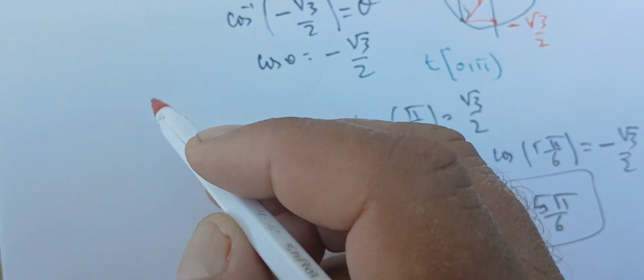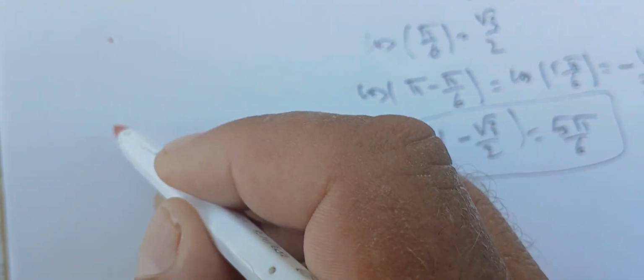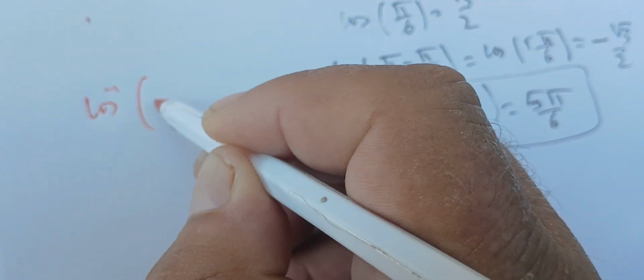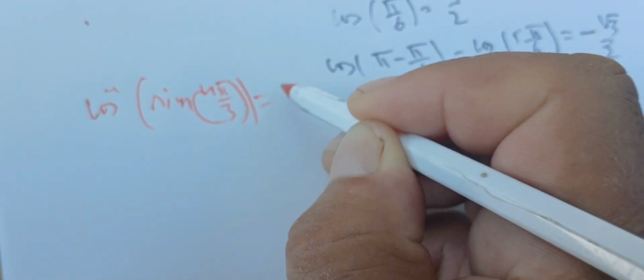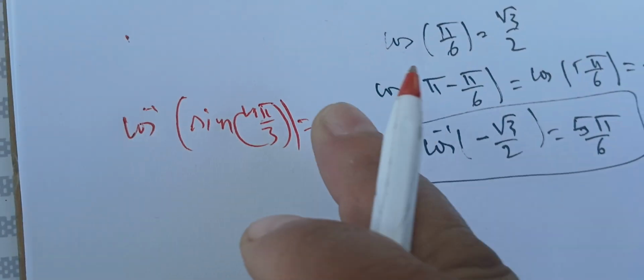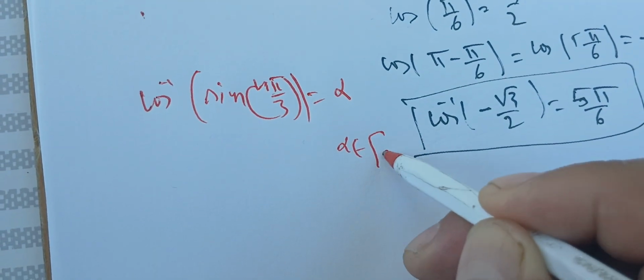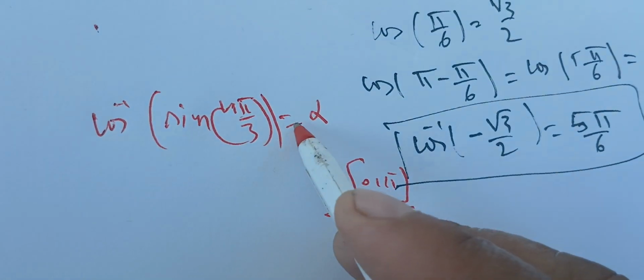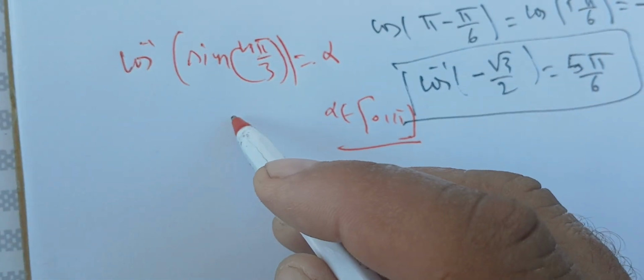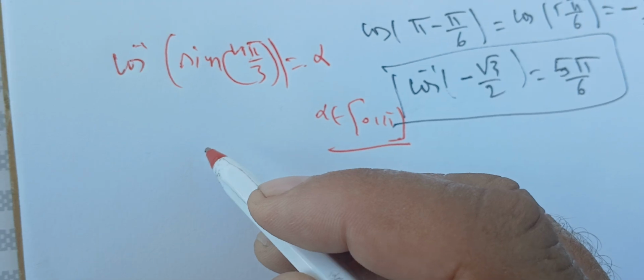Here, the cosine inverse of the sine of 4 pi over 3 is equal to some alpha. But alpha has to be in 0 to pi. Let's impose this condition, and with that we can take the cosine of both sides.